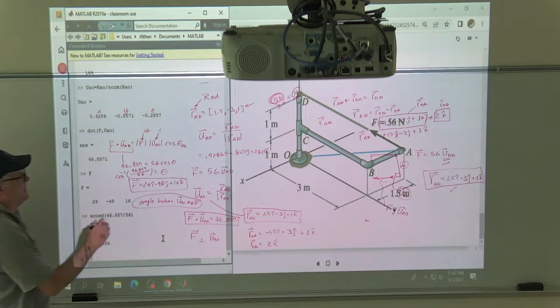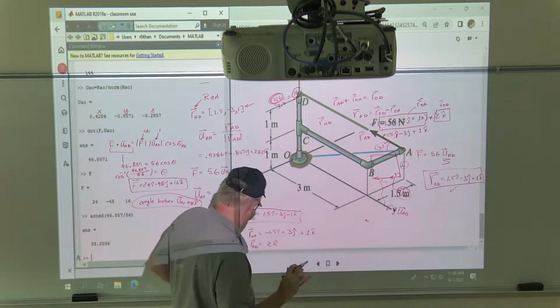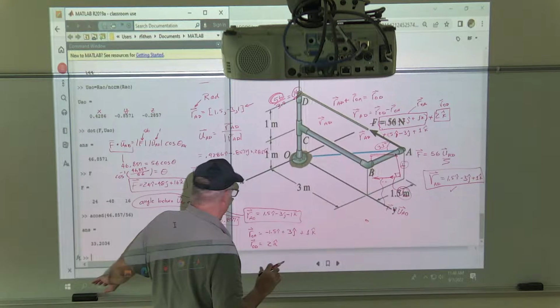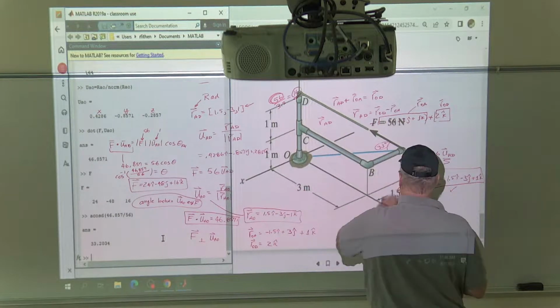So the angle between these two is around 33 degrees. Now, you've got to think about this for a minute.